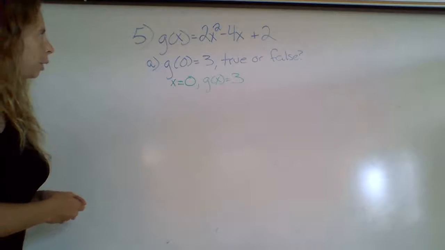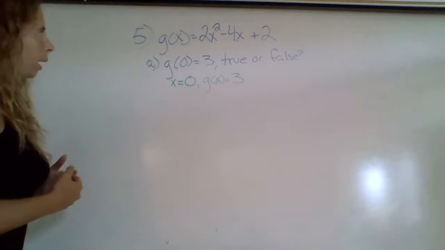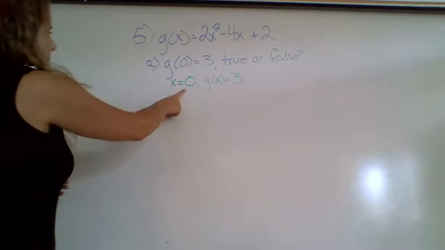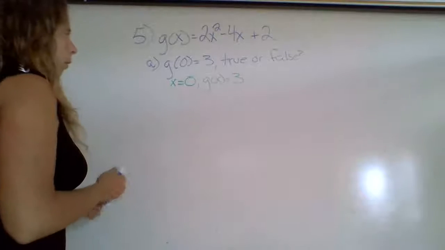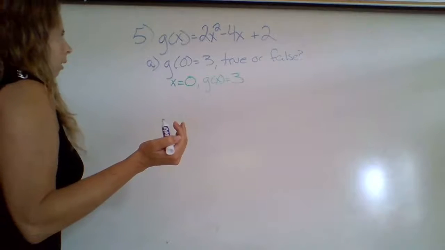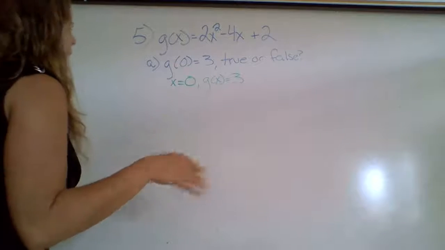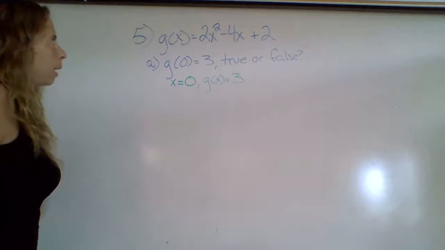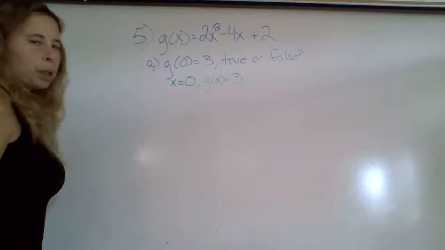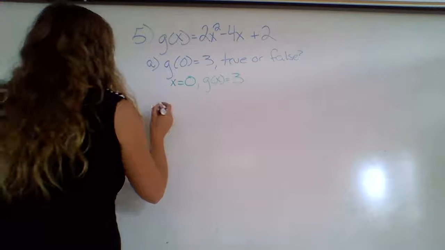Honestly, a couple ways you could do it. Easiest way, I think, is just substitute 0 in for x and see what you get. You can also technically substitute 3 in for g of x and then solve for x, but it's a little bit more complicated. So here we go.